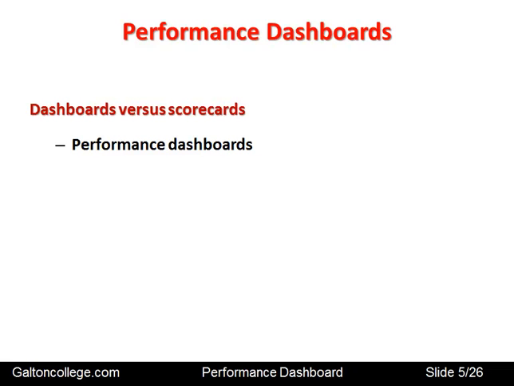Well, first of all, we have performance dashboards, which we've just talked about. It looks at the performance of the organization in real time, sends back information from various parts of the factory or from the warehouse or from different centers. It sends it back in real time, and it's produced immediately on a screen so that the management can see exactly what's happening and how different parts of the organization are functioning at that moment in time.